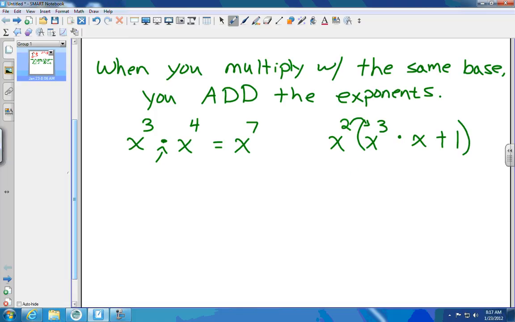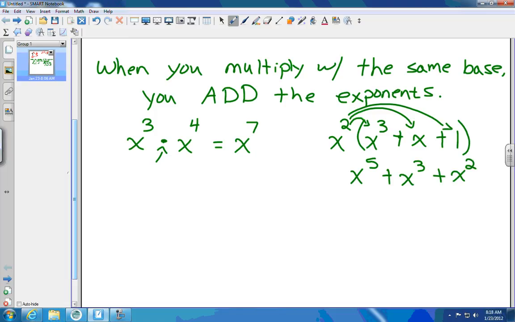X to the fifth. And then when you multiply x squared times x to the first, you would have x to the third. This should be a plus, I'm sorry. So that would be plus x to the third, and then x squared times 1 would just be x squared.